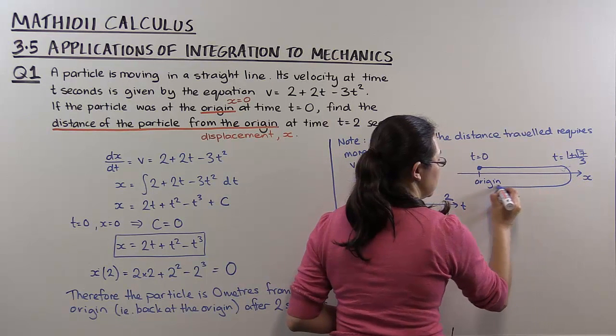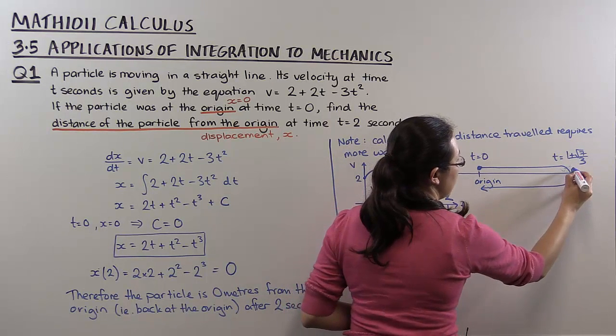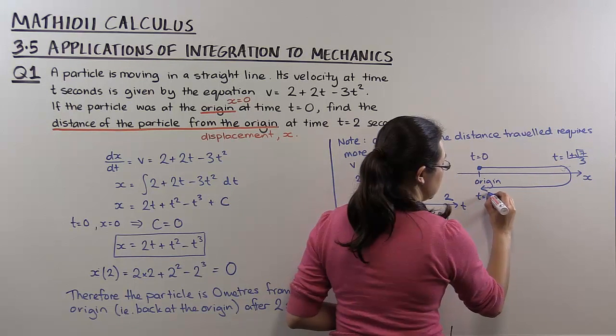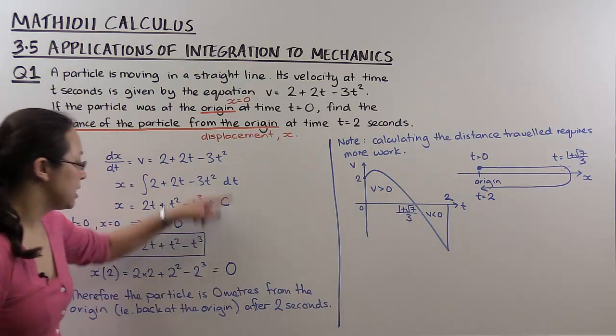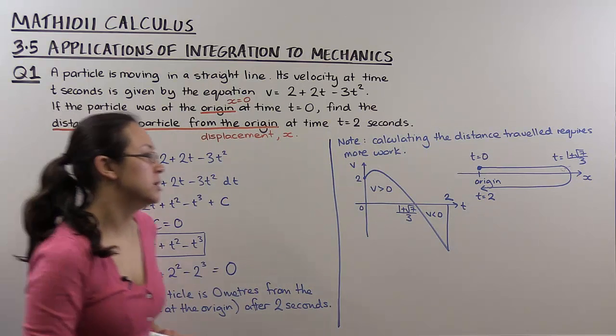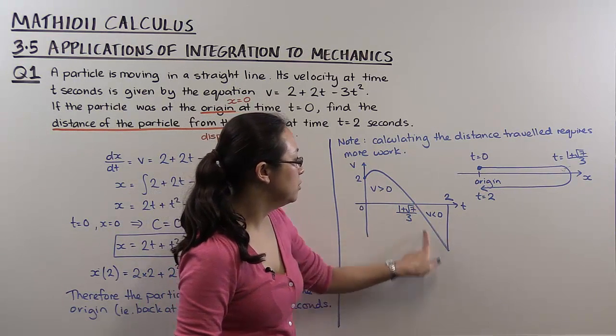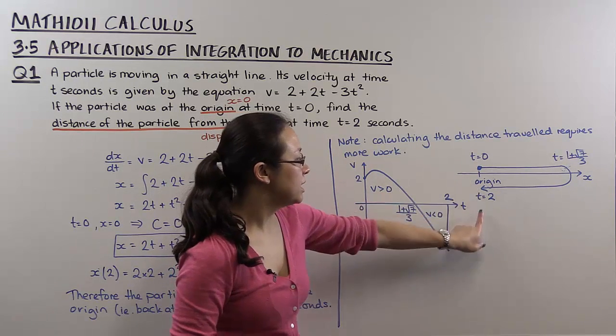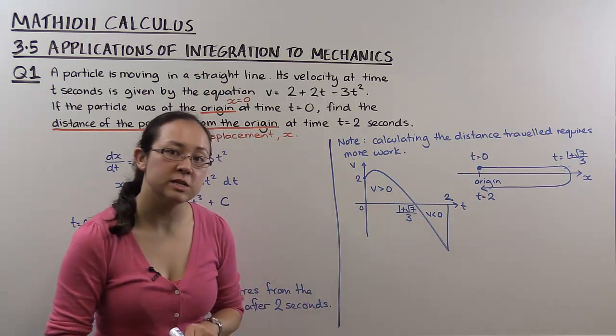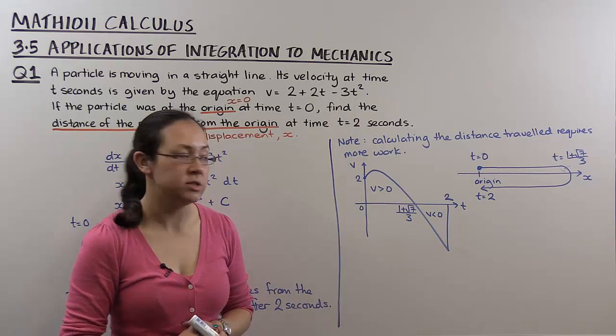It stops and turns around, and we know that it's back at the origin at 2 seconds just from this calculation that we did over on this side. So this makes sense. It's moving to the right, stops and turns around, moves to the left, and that's why it can be back at the origin. Its displacement can be 0 after 2 seconds.